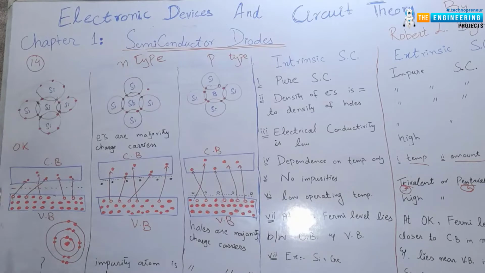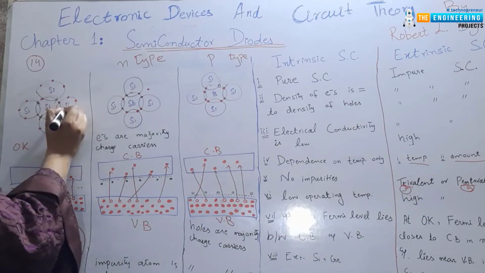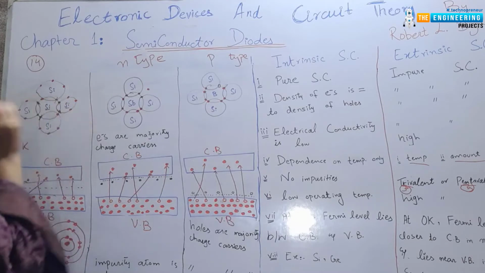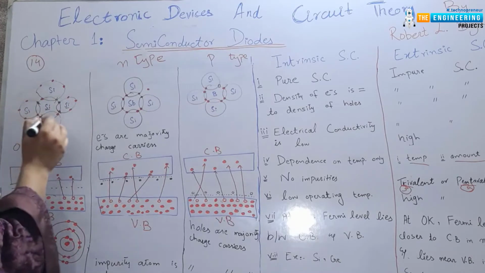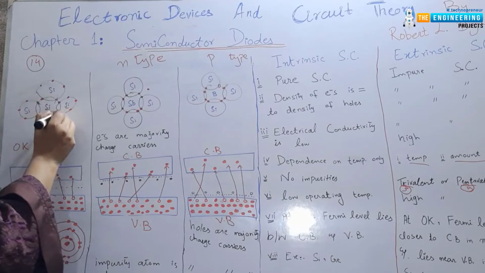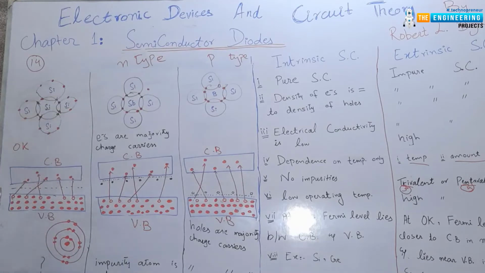Covalent bond means sharing of electrons. So 4 silicon atoms share one electron each with the central silicon atom and complete its outermost shell.